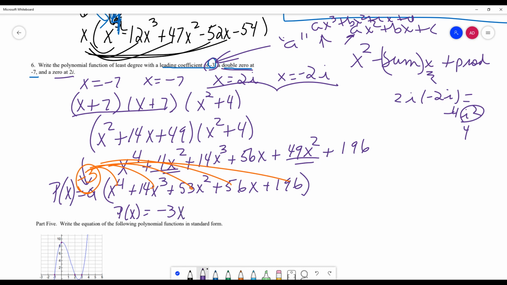So negative 3x to the 4th. I take negative 3 times 14, I think that's negative 42. Check my numbers, you know how I am. Negative 3 times 53, that gives me negative 159. Then I have 56 times 3, and don't forget your little x.